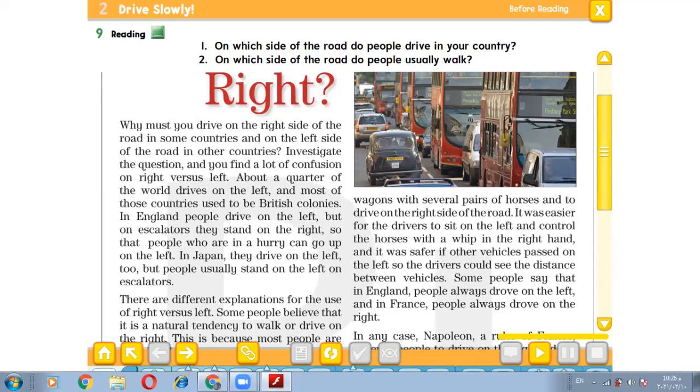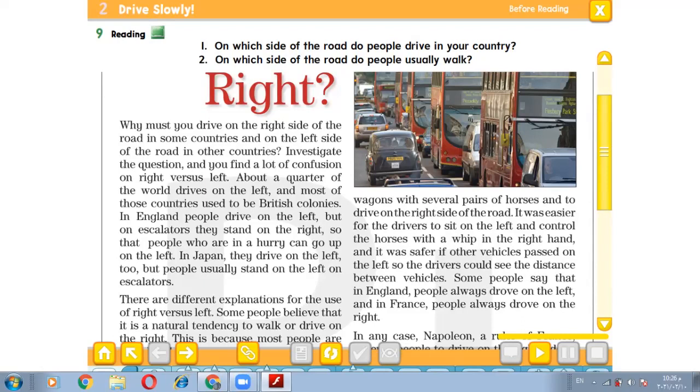Why must you drive on the right side of the road in some countries and the left side of the road in other countries? Investigate the question and you find a lot of confusion on right versus left.